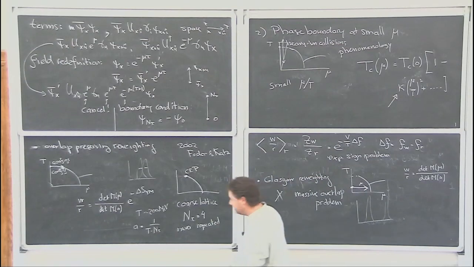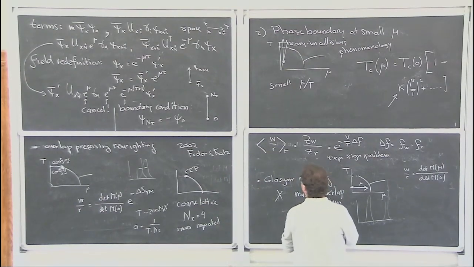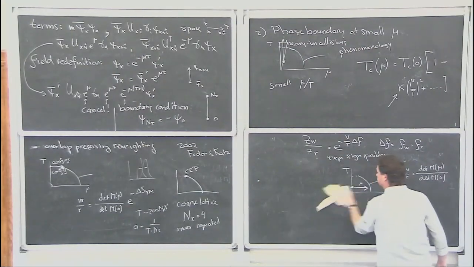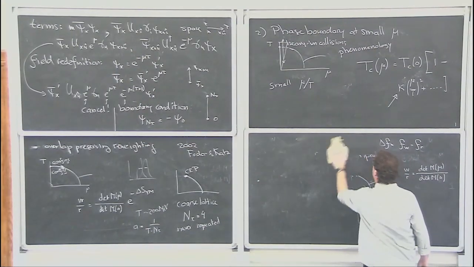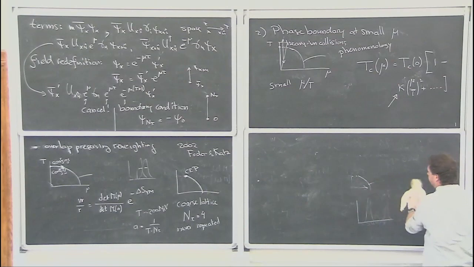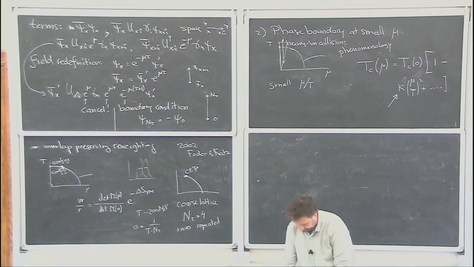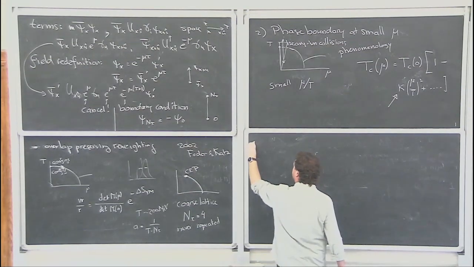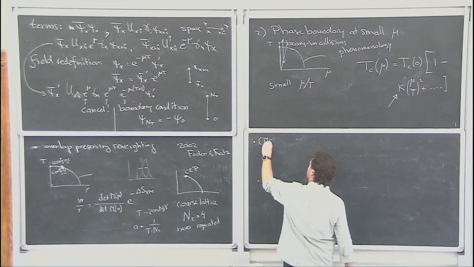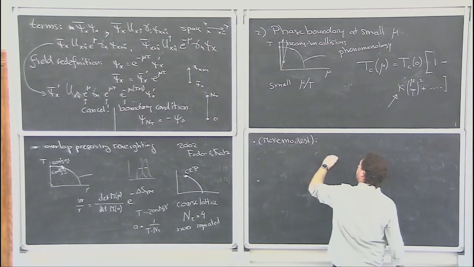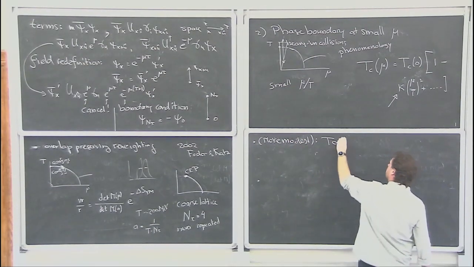Okay, so a slightly more modest way to proceed is to, again, start with mu equals 0, and then go to the non-zero mu direction by a Taylor series expansion. So this is approach number 2, which is more modest.